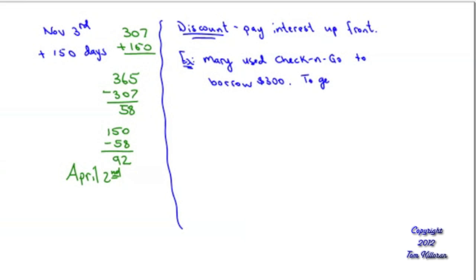To get the money, they want a $10 fee. Now they call it a fee, but the fee actually turns into interest. So that's where they get you.